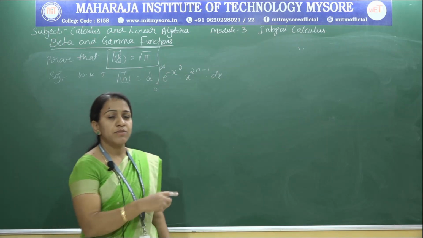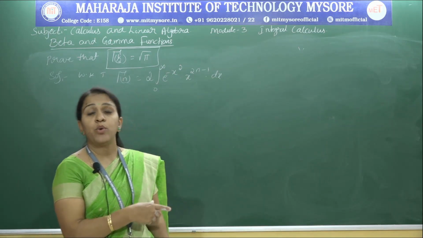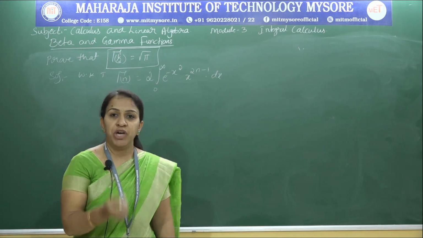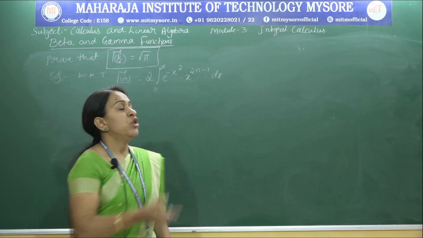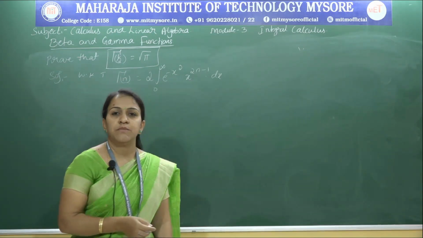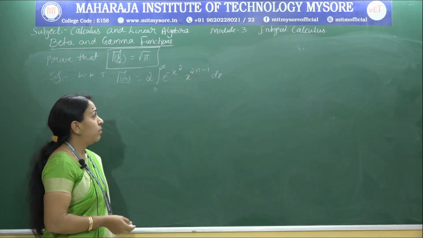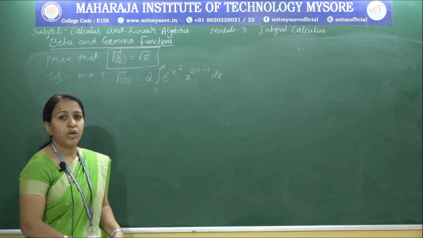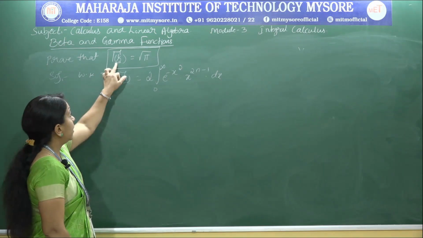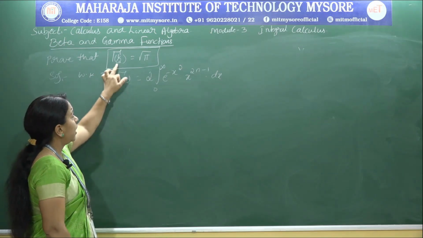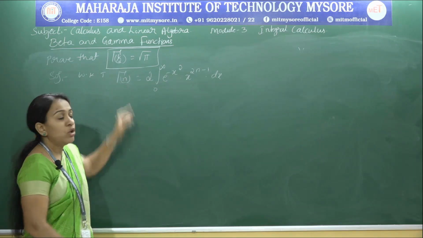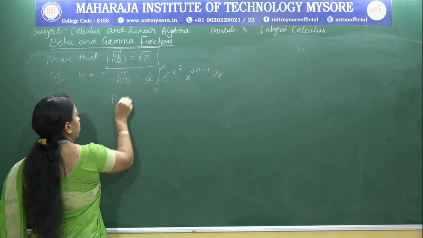We defined this in terms of t and I think we proved it in terms of t, and I defined it in general in terms of z, right. So, here I consider it in terms of x, okay. To prove the result, I am going to substitute n by 1 by 2 because I need gamma half. In place of n, I have 1 by 2. So, put n is equal to 1 by 2.